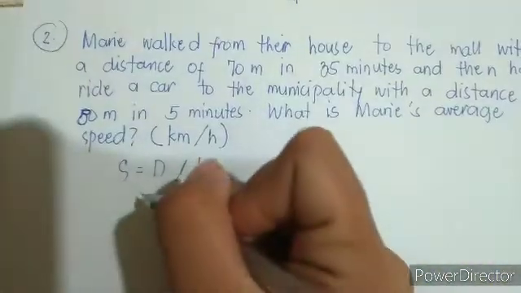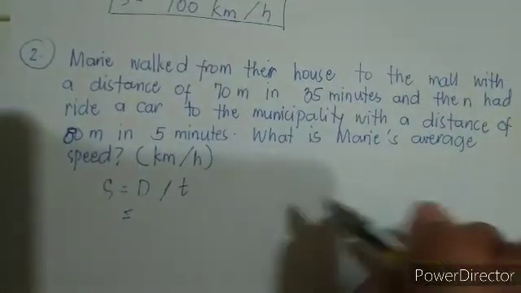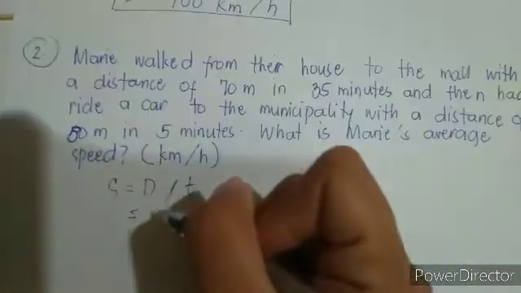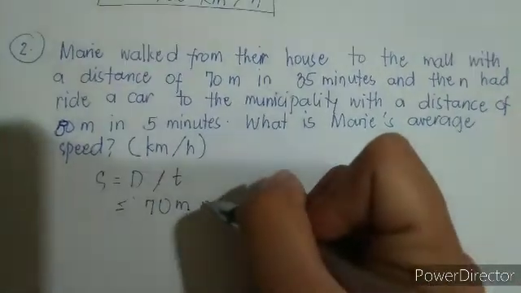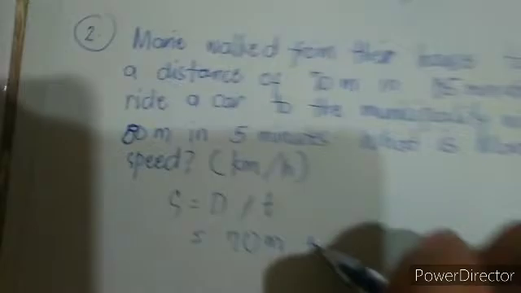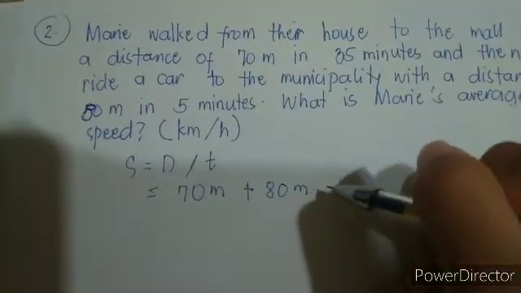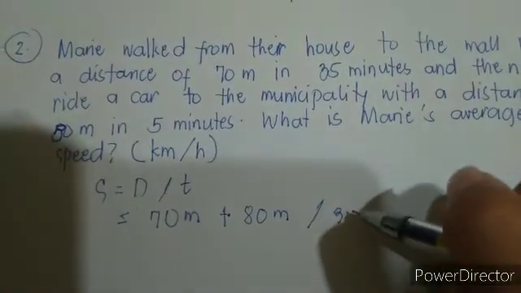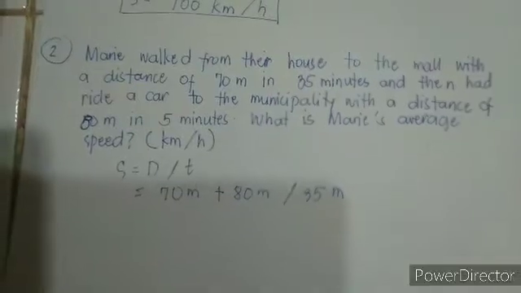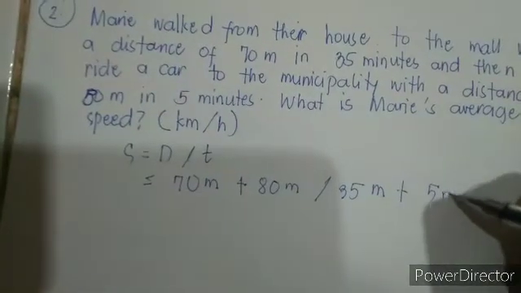So S is equal to distance, which is 70 meters plus 80 meters, and then divided by time, 35 minutes plus 5 minutes.